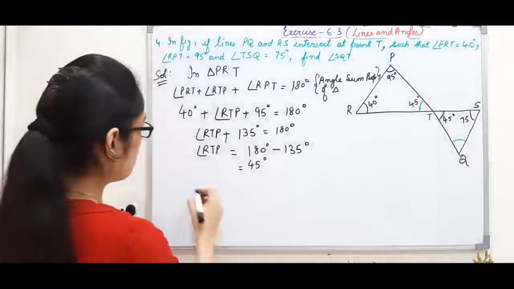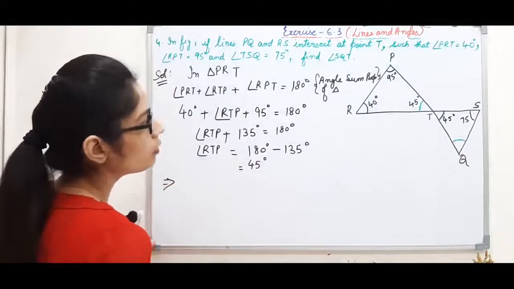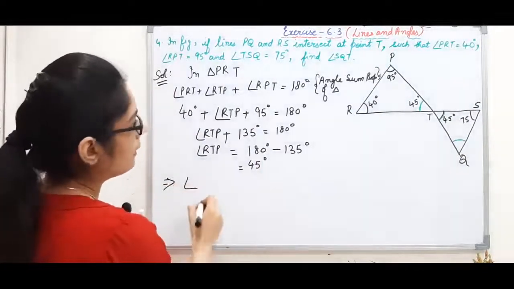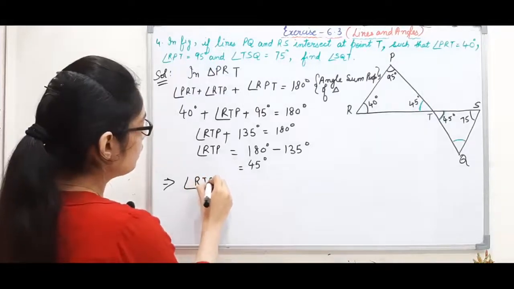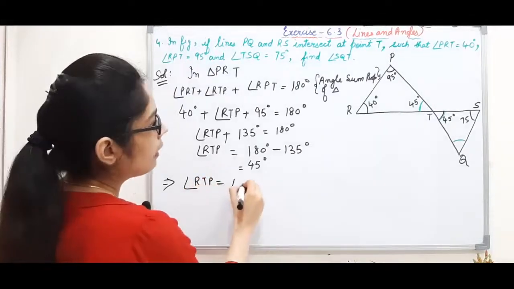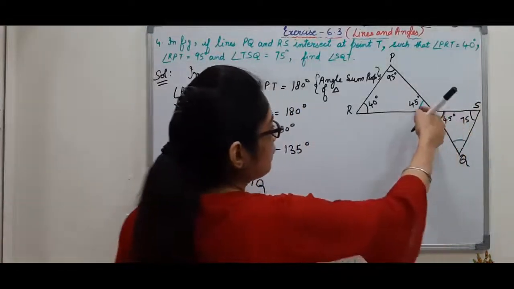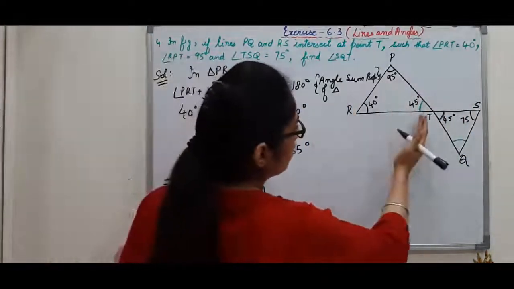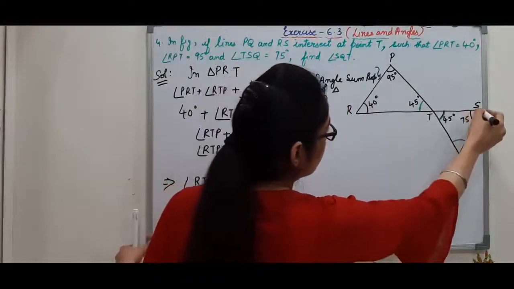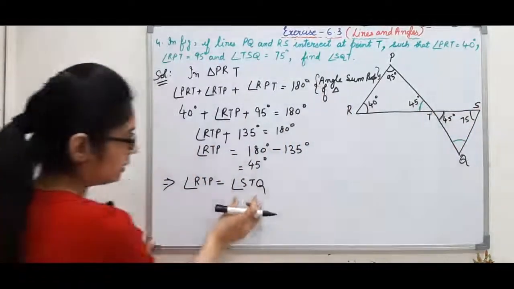So we can mention the reason, angle RTP is equal to angle STQ. So this one, STQ, basically angle T on this side and on this side also. So this side it is STQ. So that's what I have written.